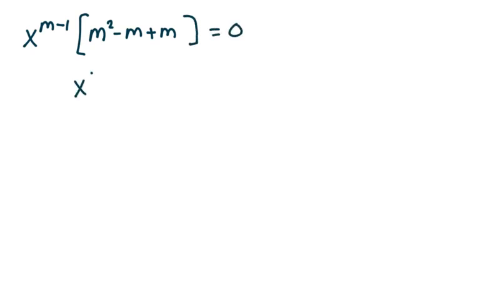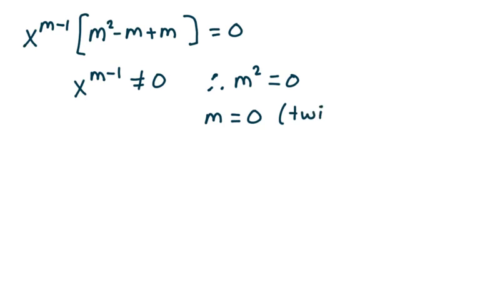And so x to the m minus 1 is not 0. And so therefore, m squared equals 0, which says m equals 0 twice. And so just like in the first two examples, I need two linearly independent solutions.